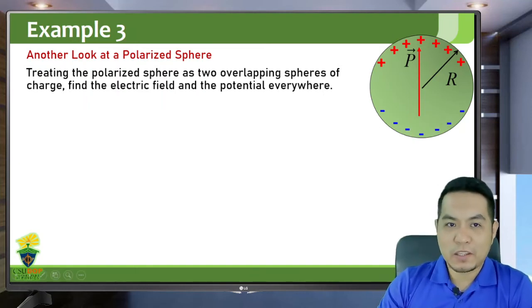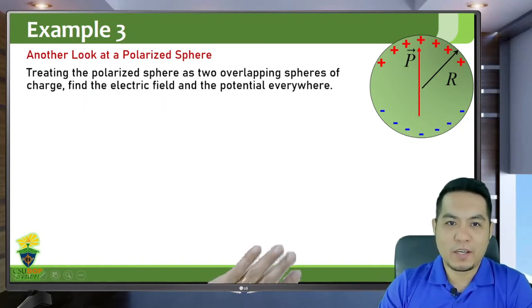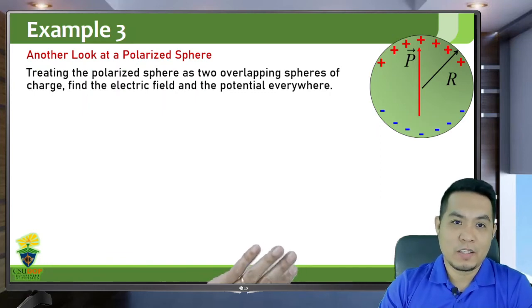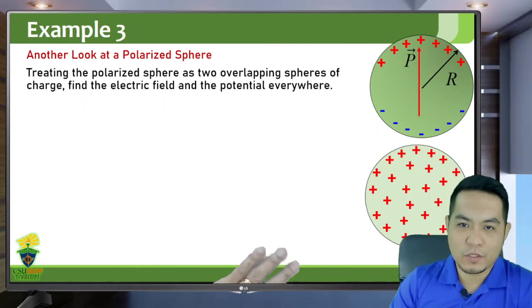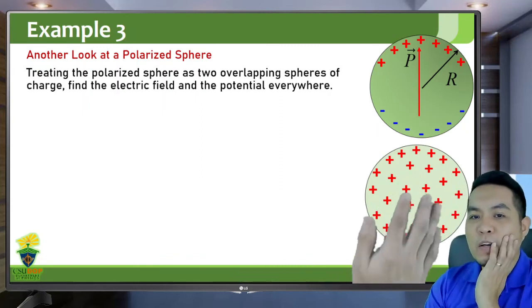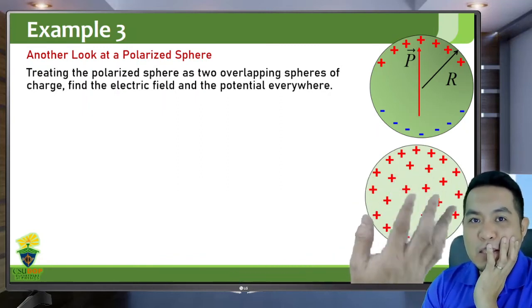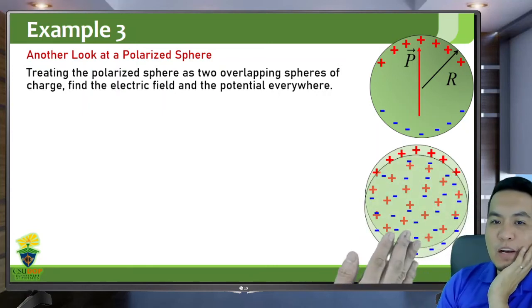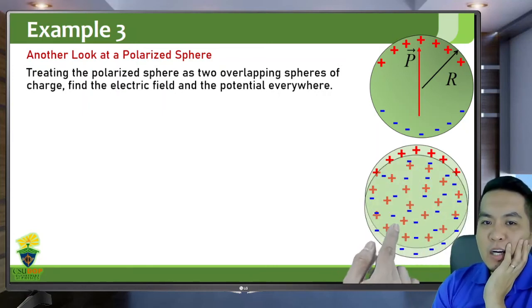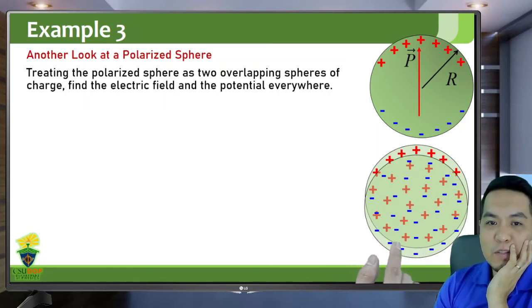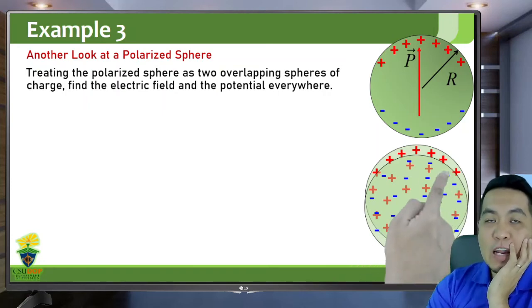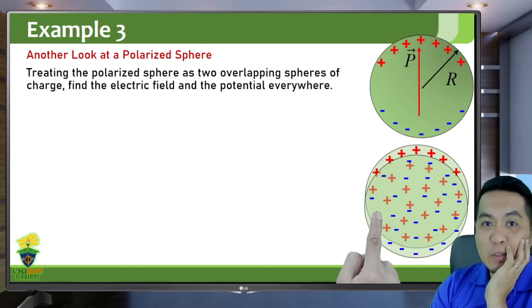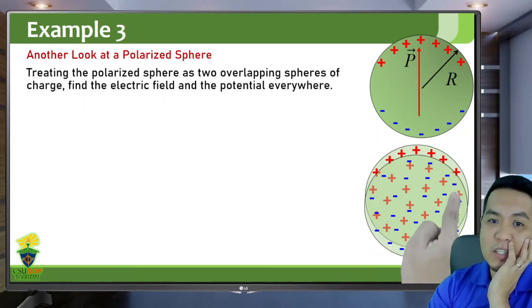We can treat the polarized sphere as two overlapping spheres of charge. You have a uniformly charged positive sphere and you superimpose it, overlap it, with a uniformly charged negative sphere. In the overlap region, the positive and negative charges cancel each other out, so there are 0 charges.